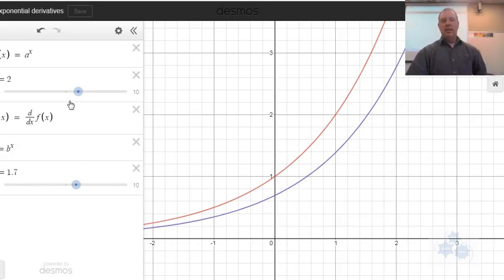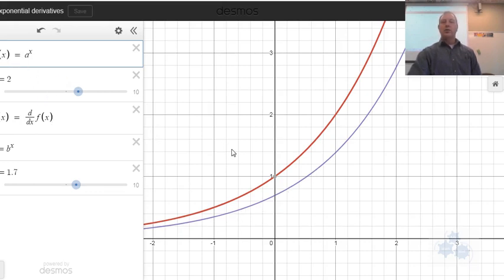But what I've got is, I've got f of x equals a to the power of x, and I've set a here to equal 2. So the red graph is y equals 2 to the power of x, okay? What I've also got here, which you might not be able to see if you're watching the video off screen, but g of x here is the derivative of f of x. So this is graphing the derivative.